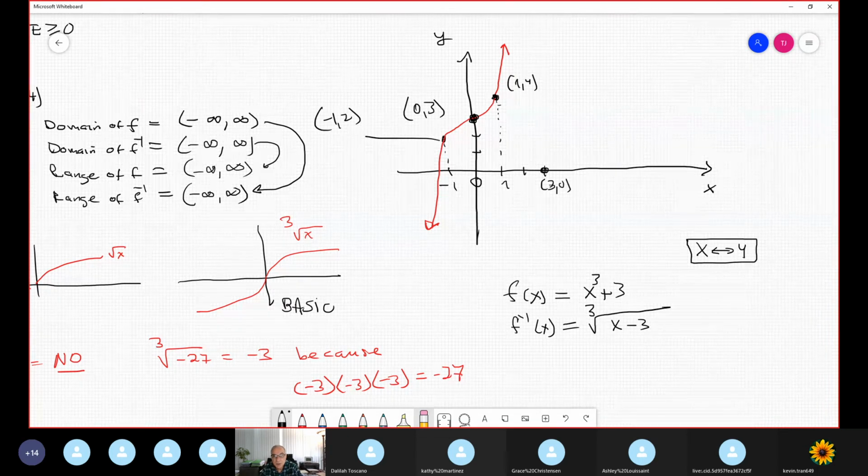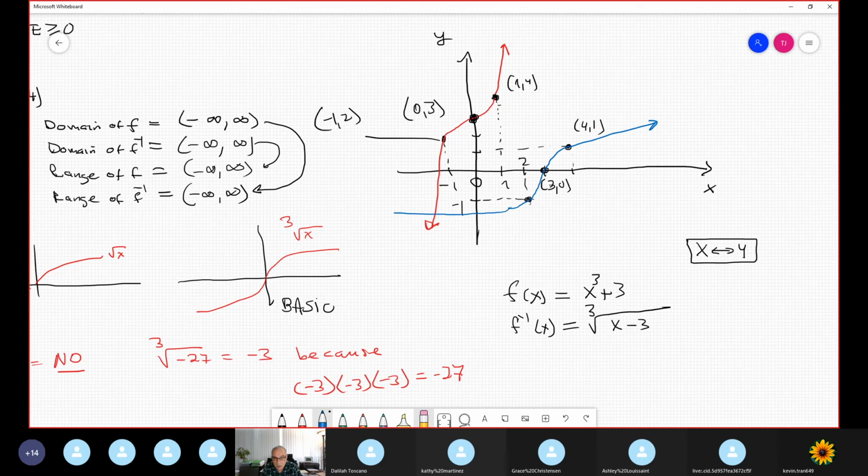This point, which is the point 1,4, and the inverse would be 4,1. And this point, negative 1,2, should be 2, negative 1. And our inverse looks approximately like that.